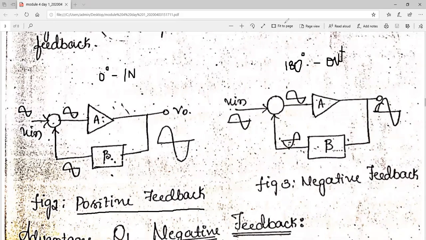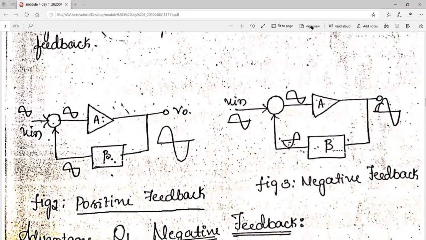Clear? So to identify whether it is a positive feedback or a negative feedback, we need to compare the input signal with the feedback signal. If they are the same signal with 0 degree phase shift, they are said to be in phase.